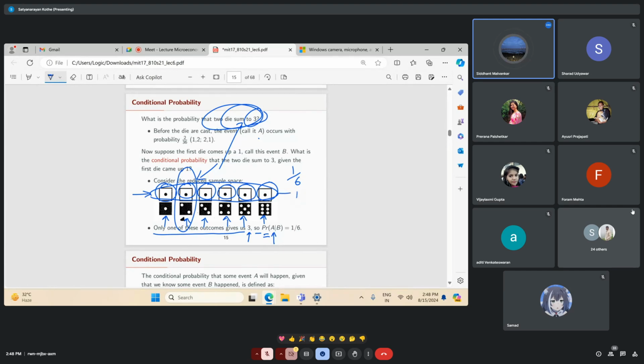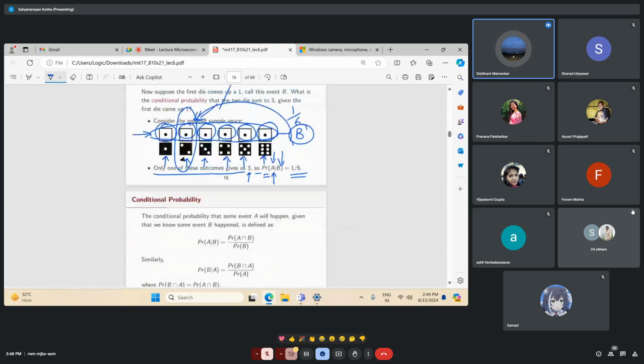This is given, and then you have to check whether A will take place or not, and then you find the probability. So B is given, and you want to know what would be the probability of A to take place. In this case, the probability of A conditioned on B is 1 by 6.